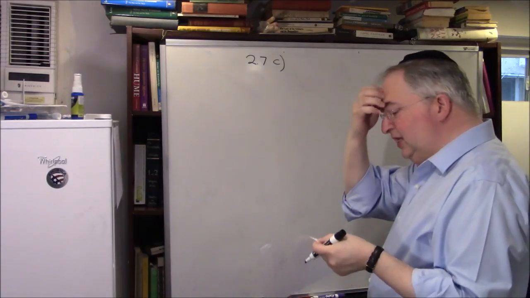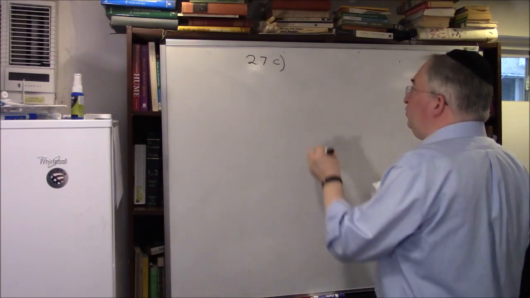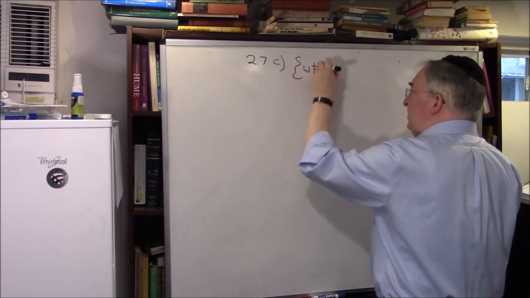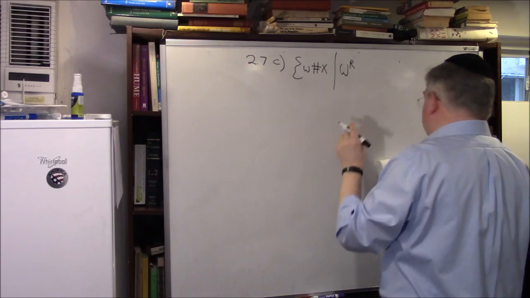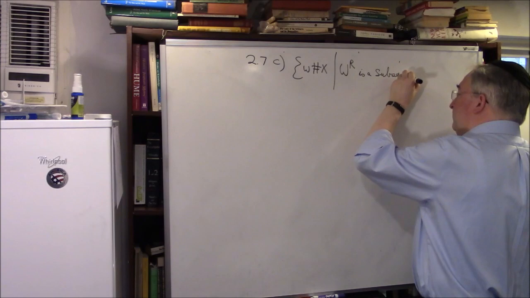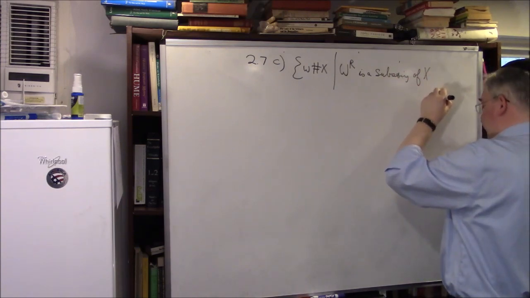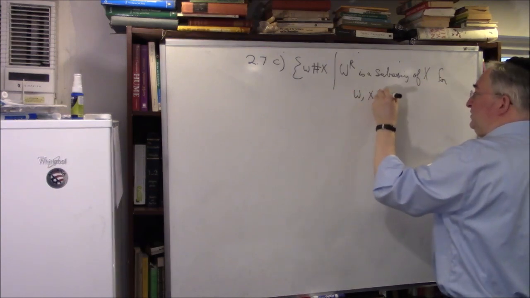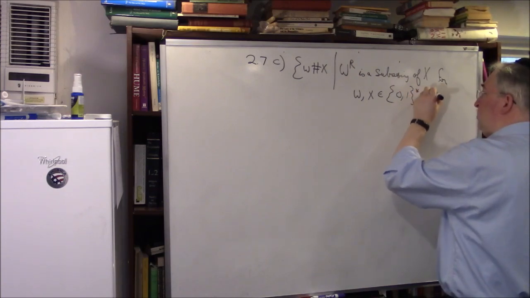The C and the D are made for each other. In other words, you want it. So let's just read it. It's W number X such that W reverse, the word reverse, is a substring of X, for W comma X a member of {0,1}*.